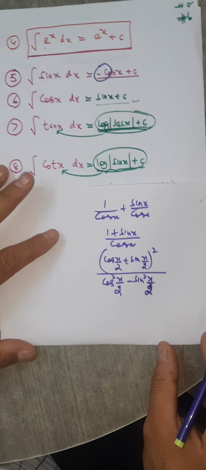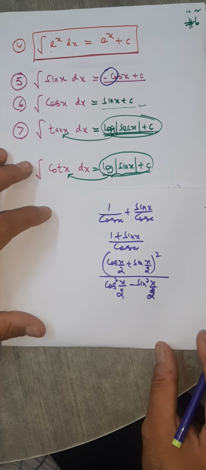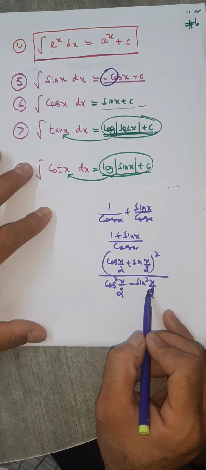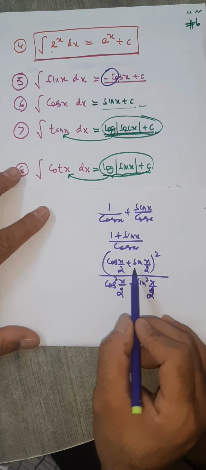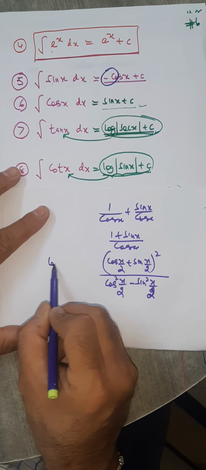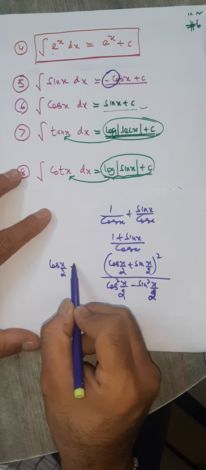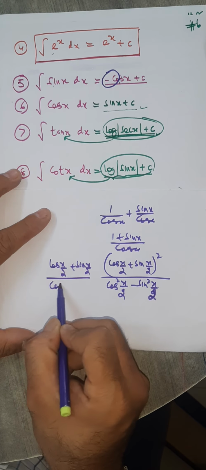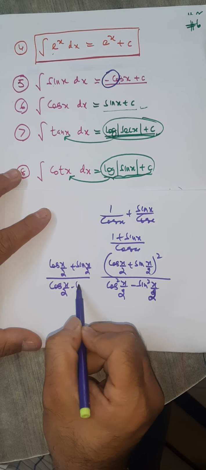Fine. Now further here, this is like a square minus b square. So it has two factors. The plus factor will get cancelled with this. So here you are left with only this plus factor. And here you are left with just the minus factor. Just check this.